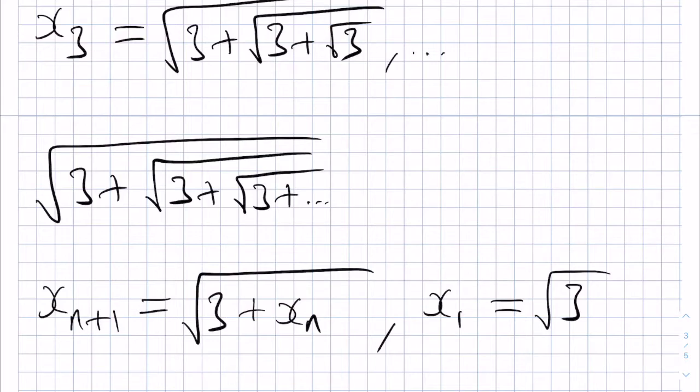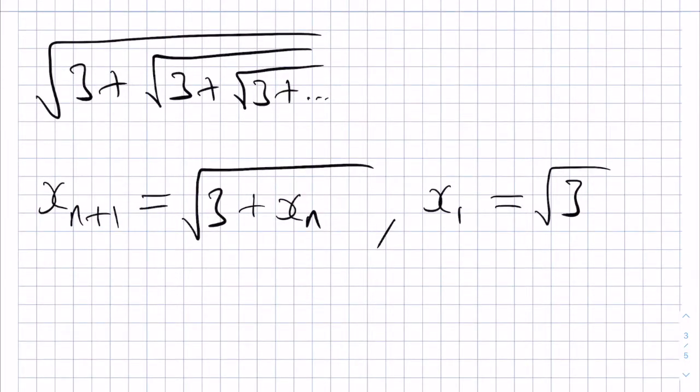Now, it's worth mentioning that this is an example of an inductive sequence, where one term relates to the next indirectly. We also need to specify the first value of the sequence, otherwise the sequence wouldn't be uniquely determined, i.e. if x1 were instead 1 here instead of root 3, then this would give an entirely different sequence.